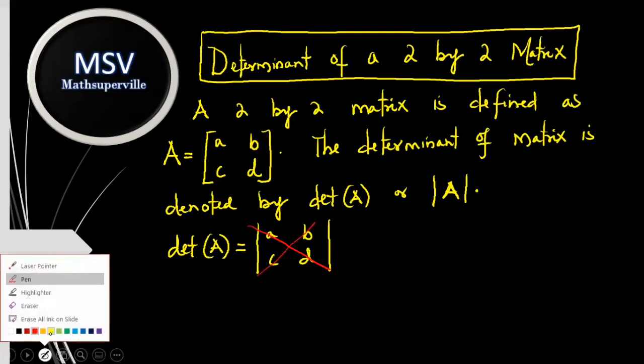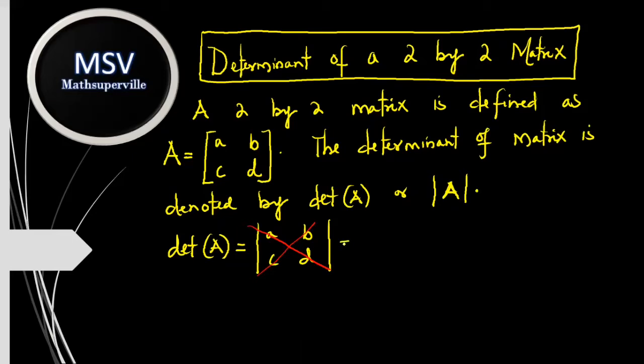So in other words, you get your determinant to be the product of a and d minus the product of b and c. And this determinant should not be equal to 0.